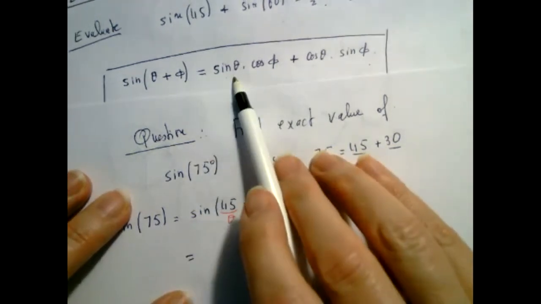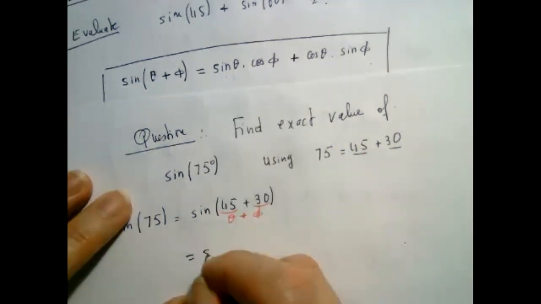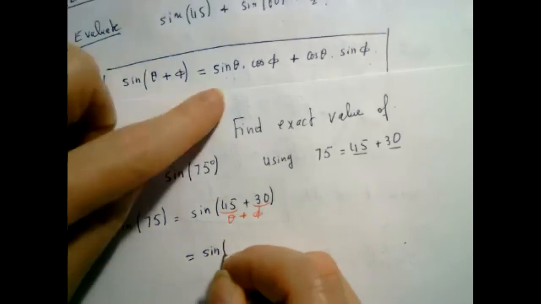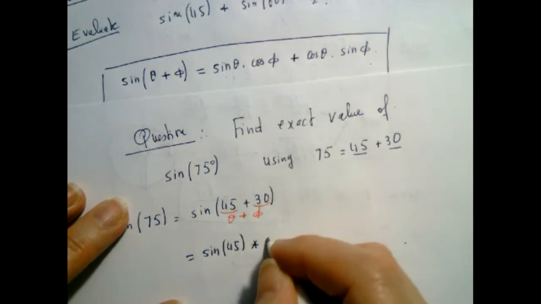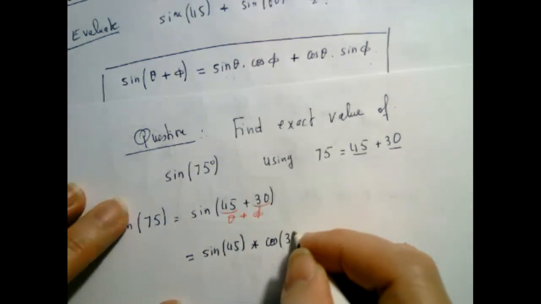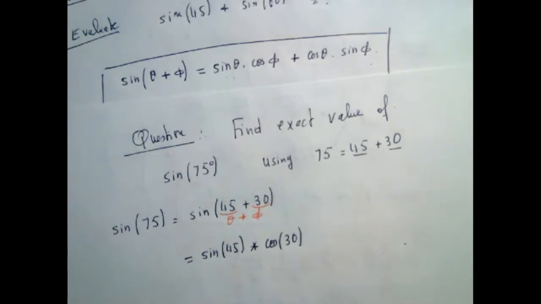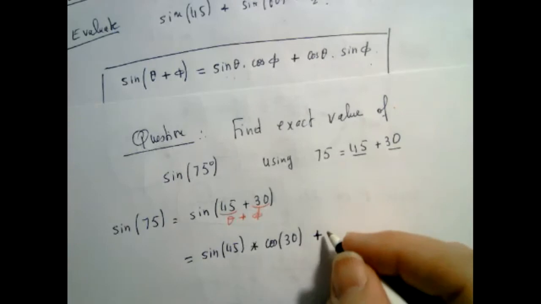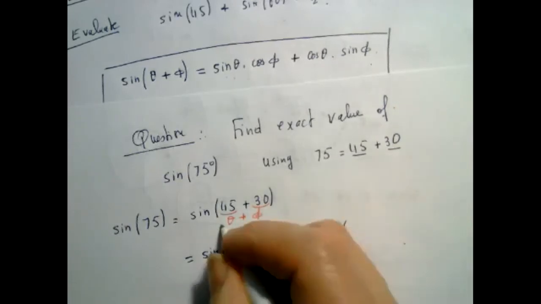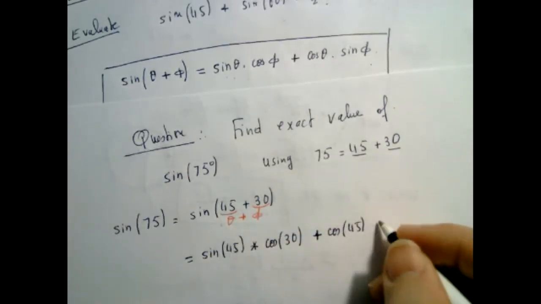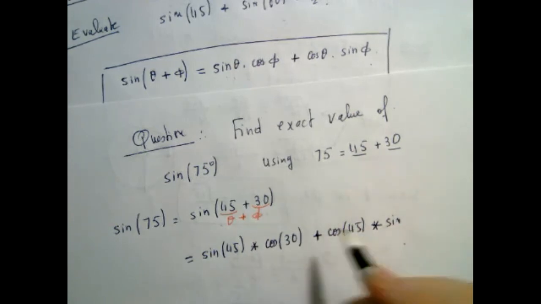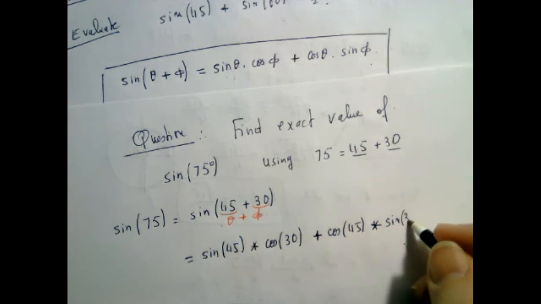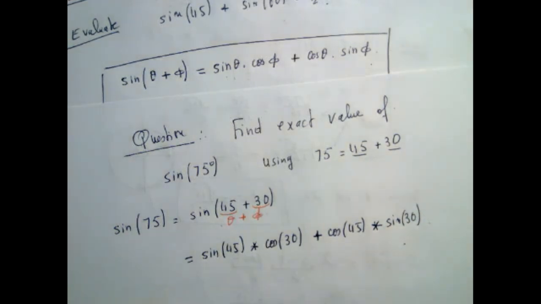This is equal to the sine of theta, theta is 45, times the cosine of phi, which is 30, plus the cosine of theta, theta is 45, times the sine of phi, which is 30. Okay, that's really how we apply those.